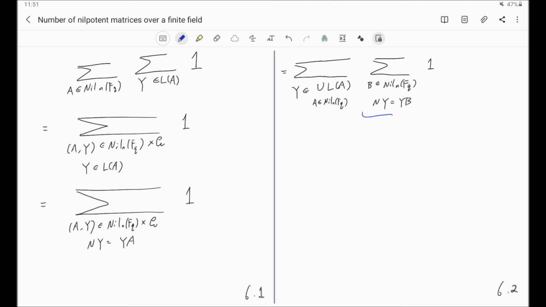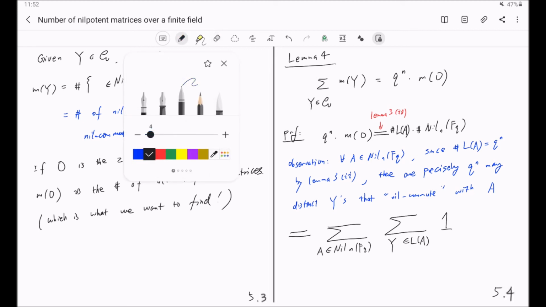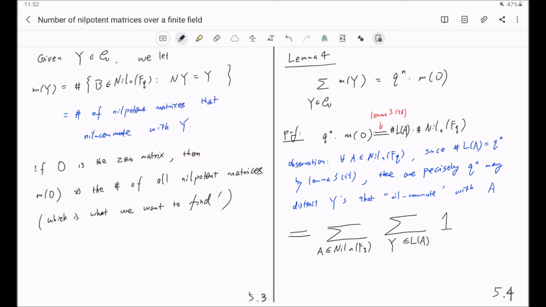And now you look at this. Is this something familiar to you? Have you seen this before? You should, because this is precisely M of y. Do you see it? If you don't, let me replace this A by B now. So now we are really playing with the letter B. This M of y is precisely the number of nilpotent B's that nil commute with y.